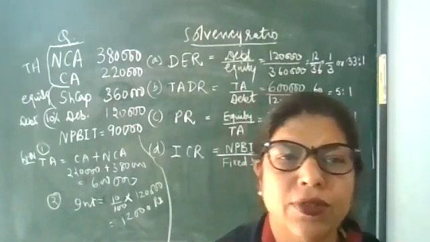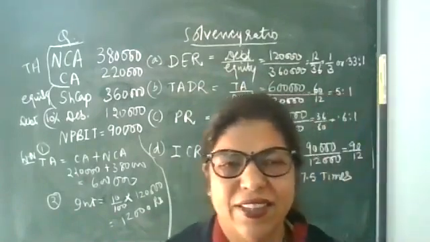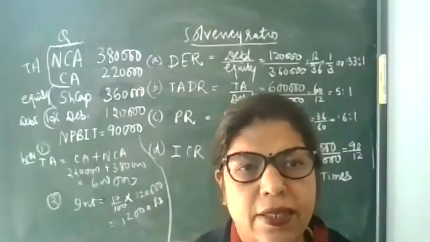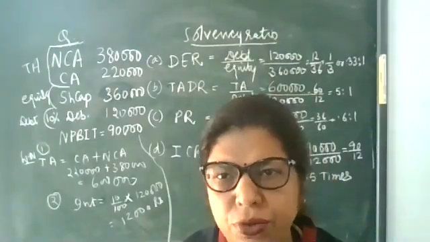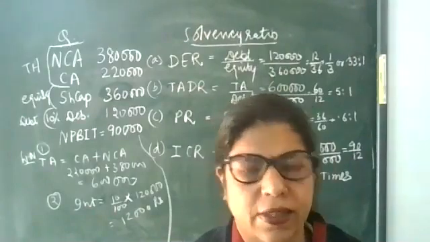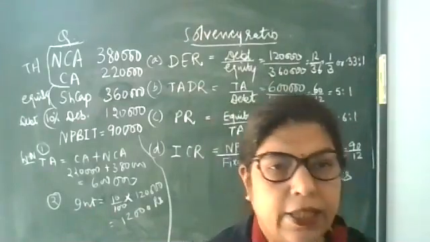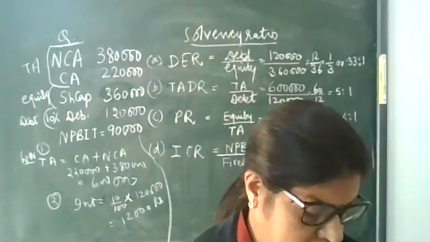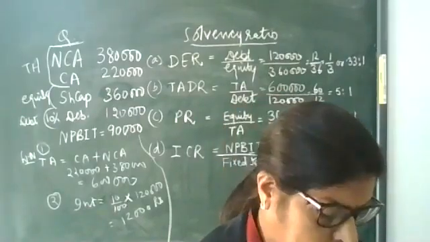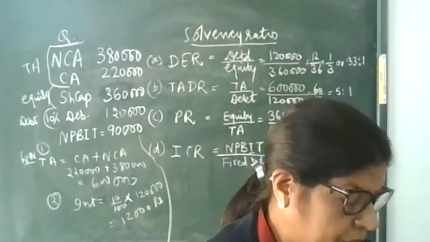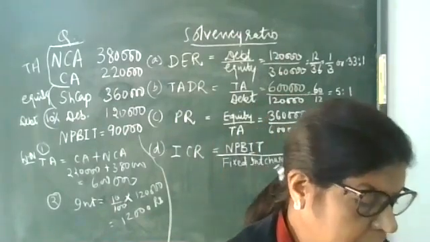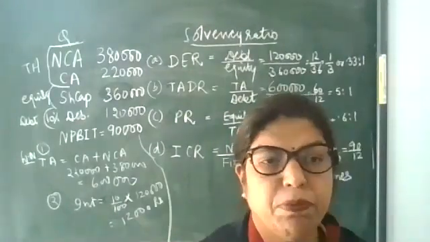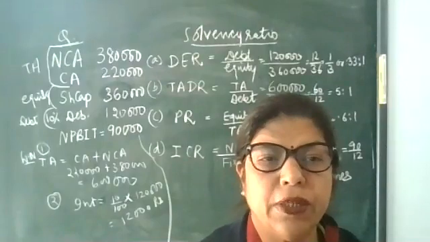Now please note down the answers. So you will be able to check your own answer, and if that answer is not the same as yours, then tomorrow we will discuss it. Please note down: debt equity ratio 0.33:1. Proprietary ratio 0.55:1.